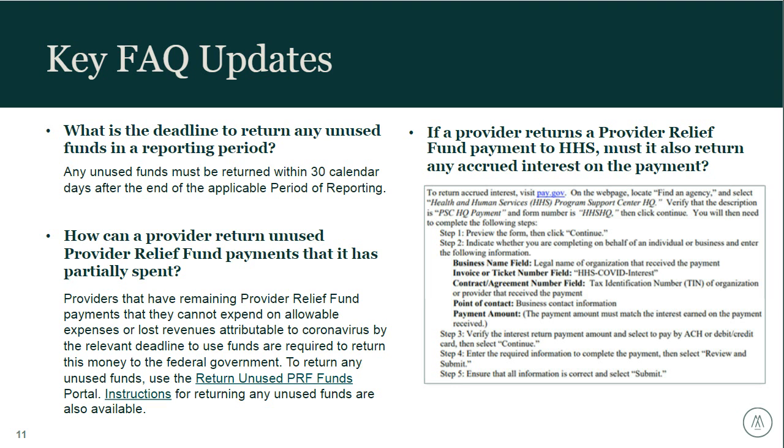And like we touched on, there is specific information HHS has provided. In fact, it looks incredibly detailed, actually, on returning the interest as well. It does appear that this is not a one-stop shop for returning the funds and interest. It looks like there's actually two kind of separate processes for doing that. But we've got the information available to be able to return those.